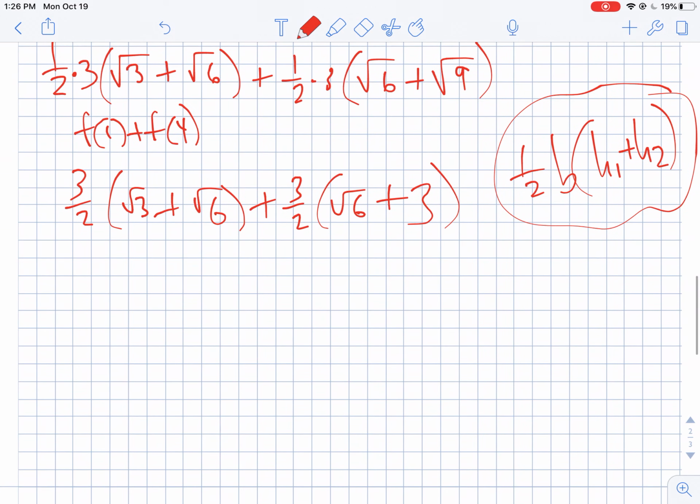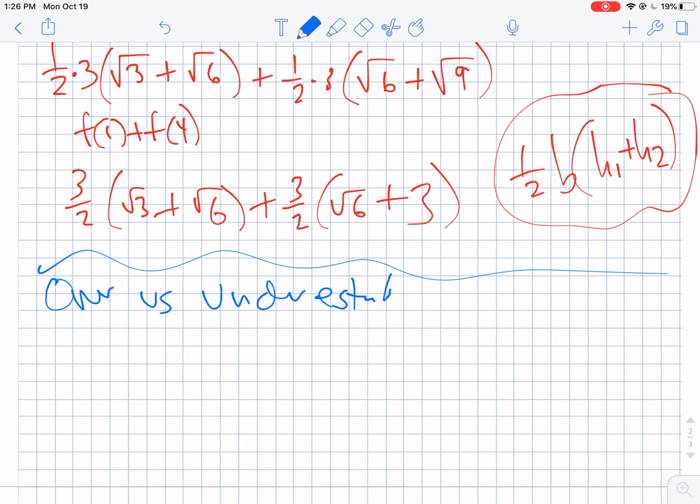Okay, speaking of Riemann sums, I had one more thing I wanted to share with you. This is off topic from this, but that's okay. Over versus under estimates using a Riemann sum. I did not spell that correctly. Over versus under estimates of a Riemann sum.